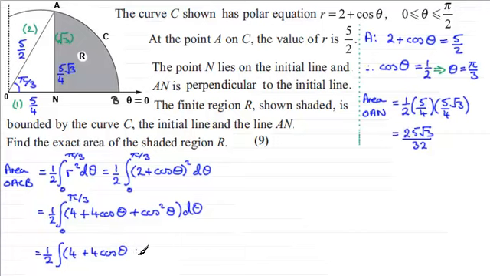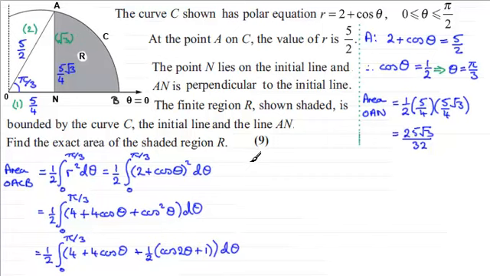It comes to a half of all of cos 2 theta plus 1. Okay, a standard technique when we have to integrate cos squared theta. So our limits again are going from 0 to pi upon 3.